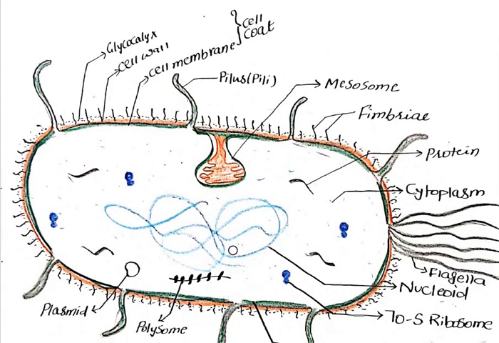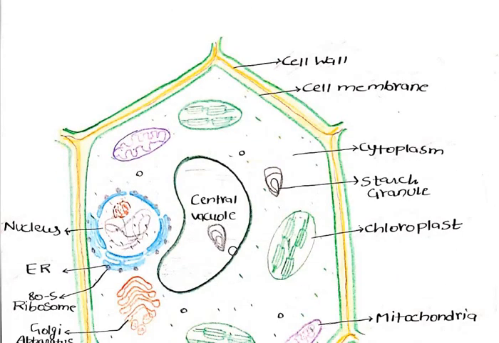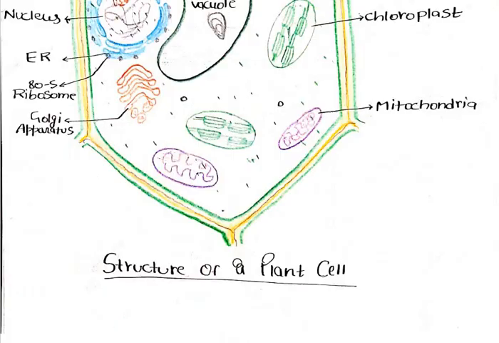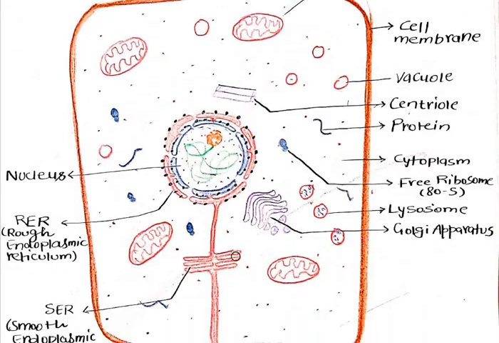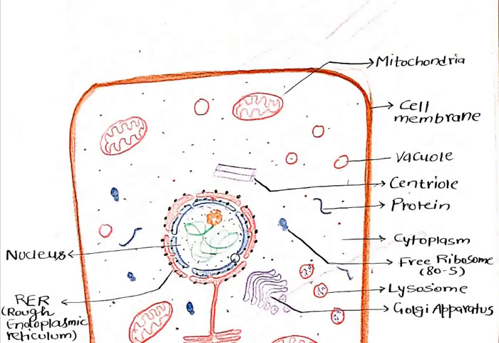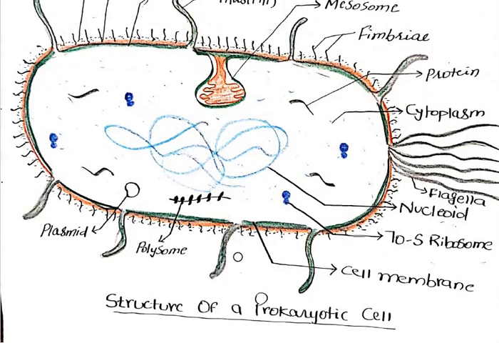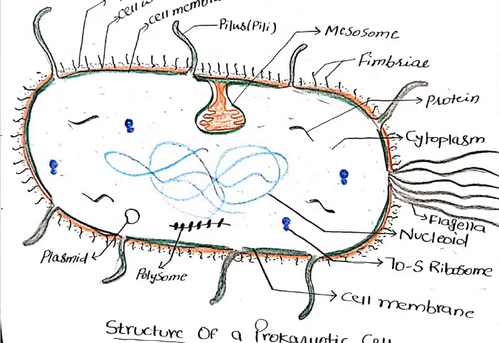First we will discuss the structure of prokaryotic cell, that is the bacteria. Then we will discuss the structure of eukaryotic cells, which include plant cell and animal cell. So in the next video I will discuss these 3 cells, their structural components, and on the basis of that I will start with the topic in detail, that is the structure of prokaryotic cell.